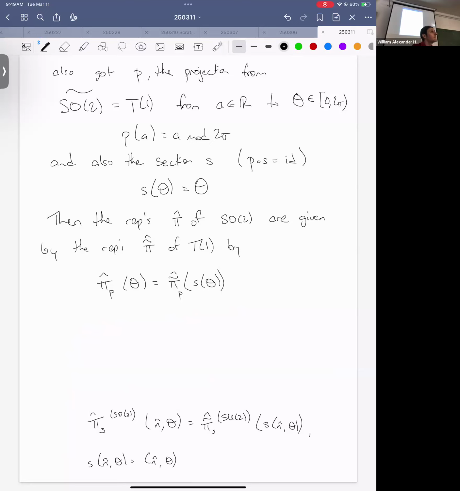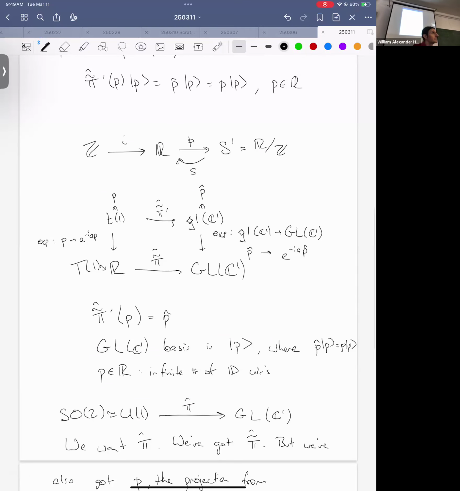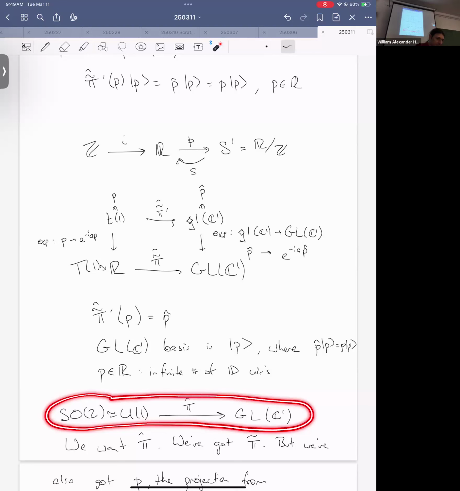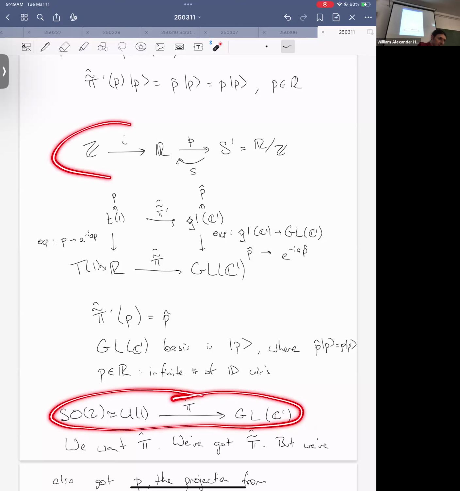Yeah. Sorry, so, the commutative diagram, you've drawn it for T1 for pi equivalents. Yes. But for the SO2, just the pi map, that hasn't been connected to. Exactly. Exactly. Because I'm finding this via this. Okay.